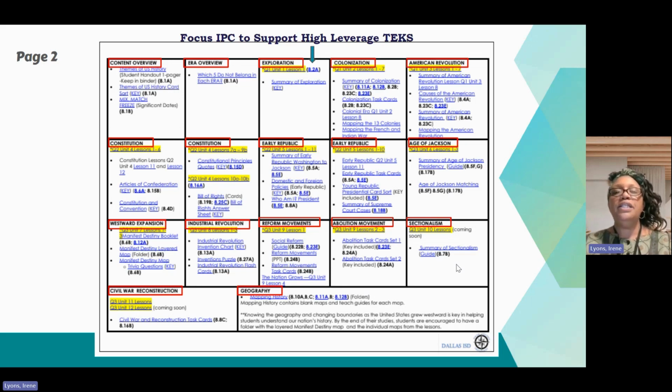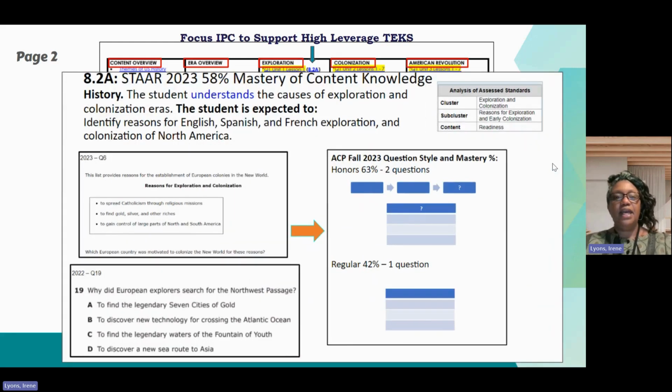I now want to bring your attention to the linked SEs. As you can see at the top, 8.2a has a link. When you click on these linked SEs, it brings you to a slide that breaks down information for this SE. So looking at 8.2a, we know that 58% of our students mastered the content knowledge of this SE.